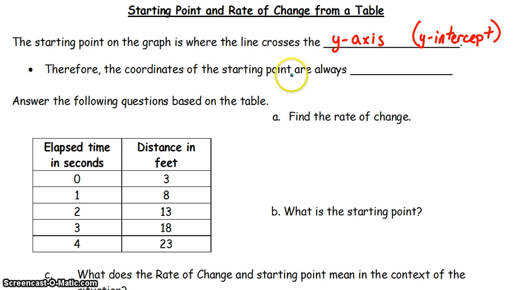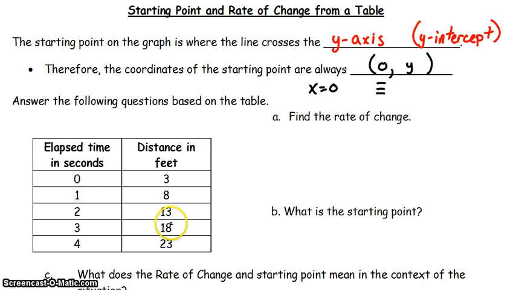Therefore, the coordinates of the starting point are always 0 for your x, and then whatever your y value is. That's always going to be the number where it crosses the y-axis. The key here is your coordinate will always have a 0 for your x. That's where your y-intercept is going to be located.